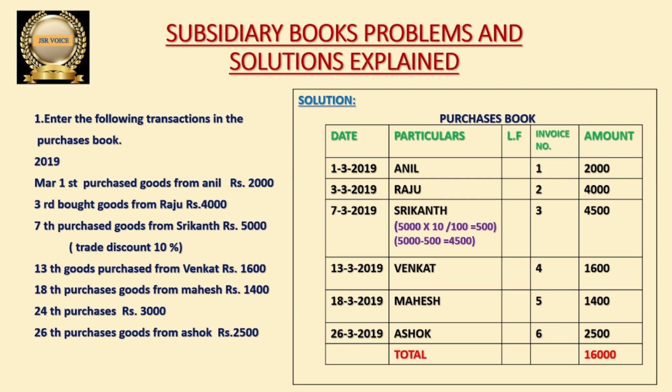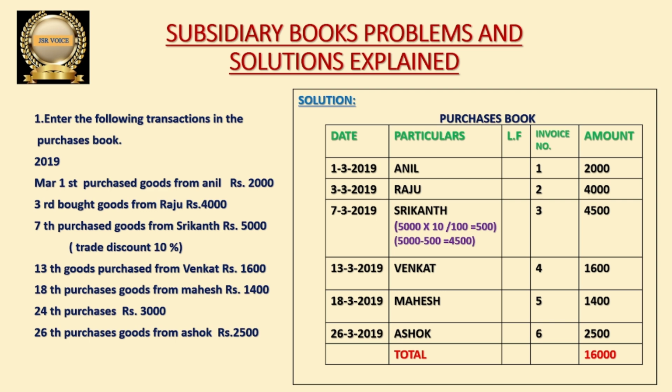So it is satisfying all the 3 conditions what we discussed just now. Let us record that also in the purchase book. But if you observe, under the transaction trade discount 10% is given. So that is very important. You should know how to calculate that. Let us see how to do that.